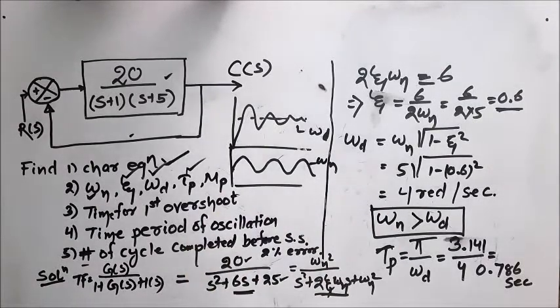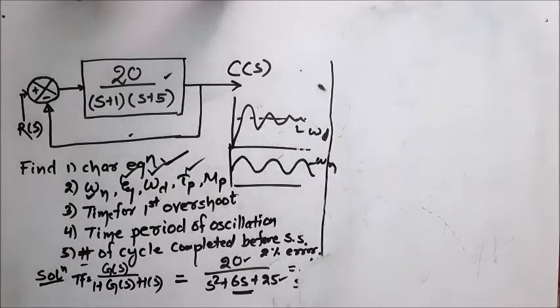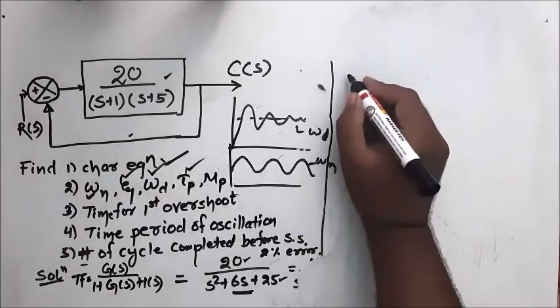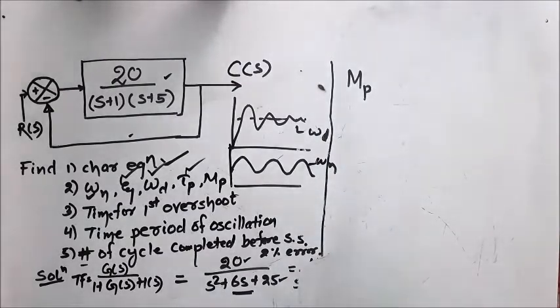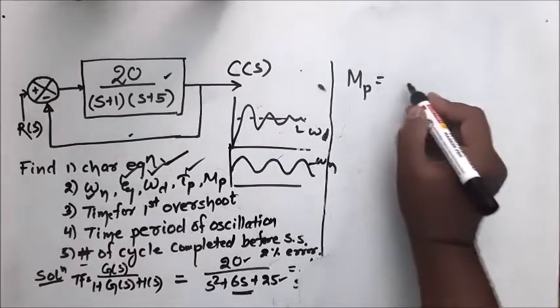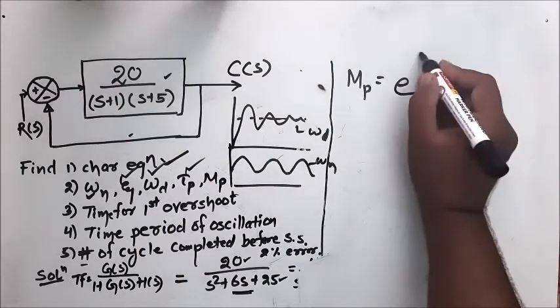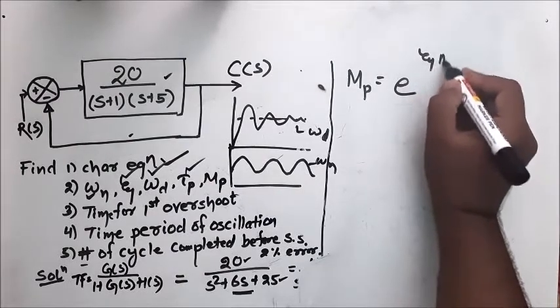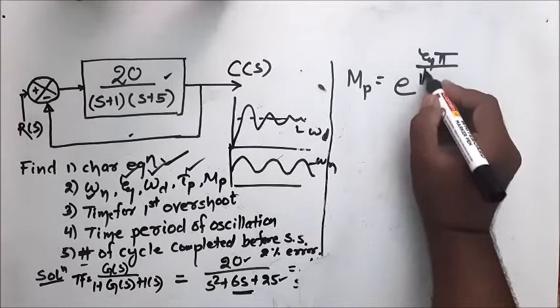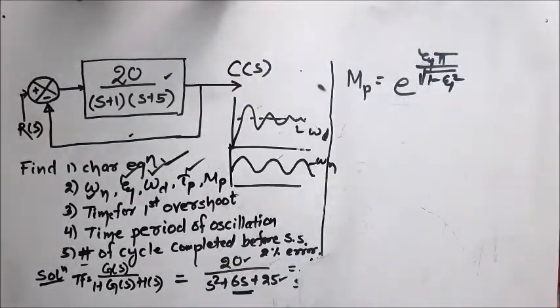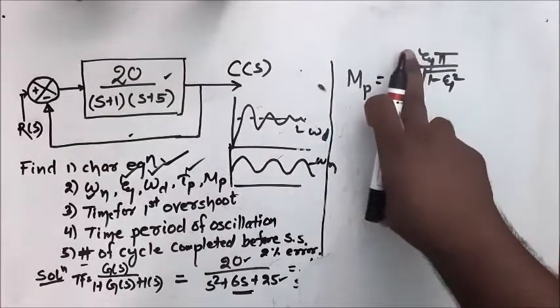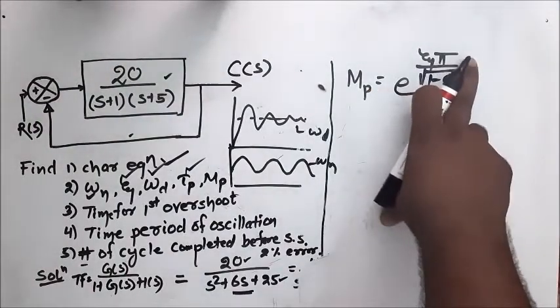Let me find out the maximum peak overshoot, or Mp. The formula for Mp, the maximum peak overshoot, will be somewhat like e to the power minus zeta pi divided by under root 1 minus zeta square. So the value of zeta will be 0.6, the value of pi will be 3.141.